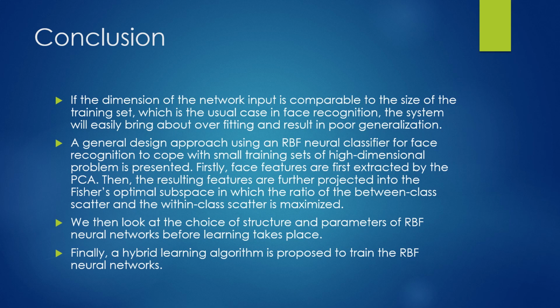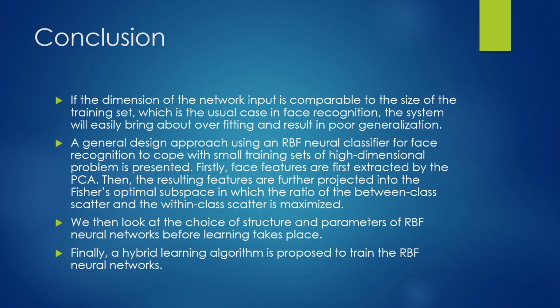This was achieved using principal component analysis, which extracts only the important face features that are required for our facial recognition system. We then further projected these extracted face features using the linear discriminant function. We maximized the ratio of the between class scatter and the within class scatter.